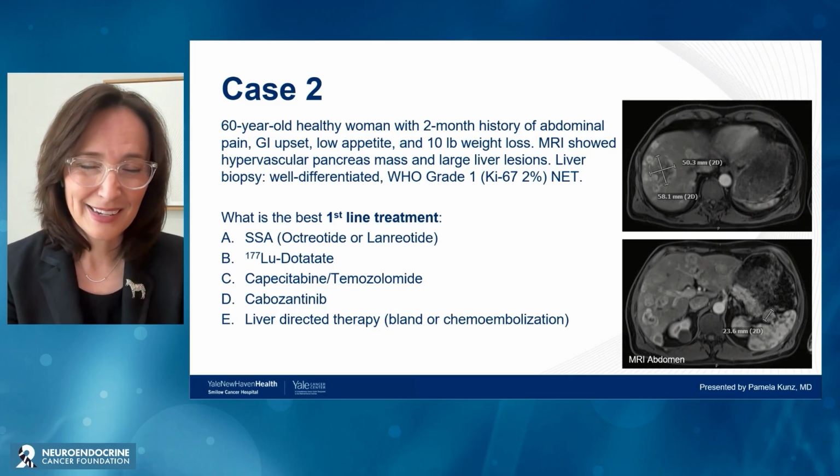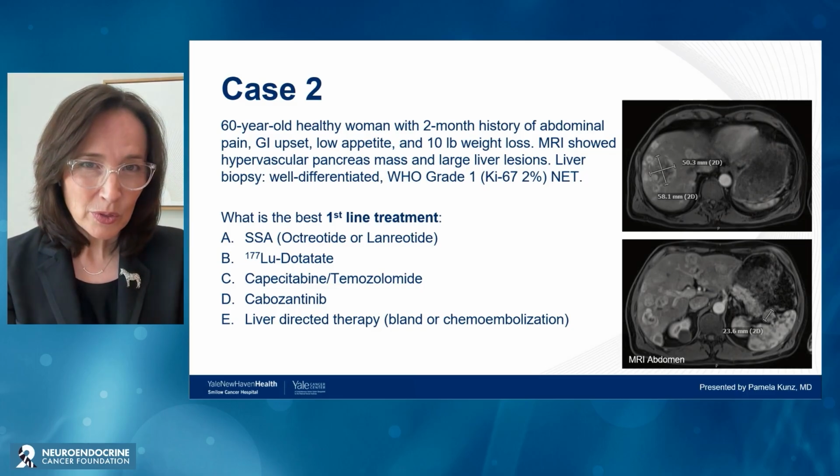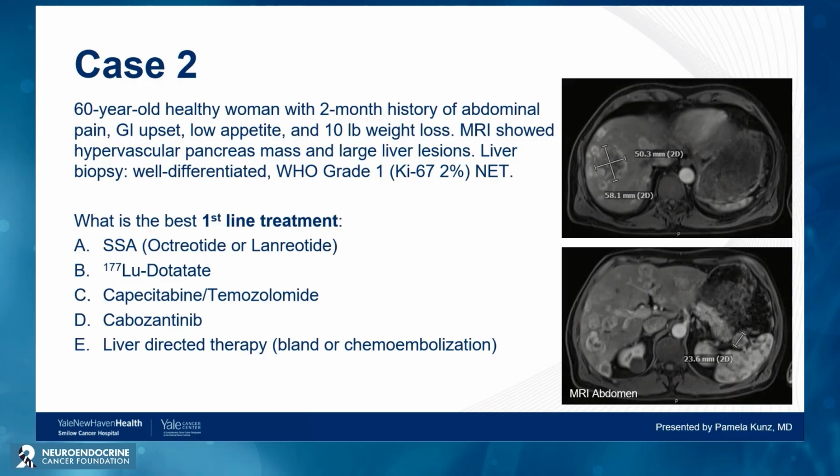Okay, one more case. This is a 60-year-old woman with a 2-month history of abdominal pain, GI upset, low appetite, and 10-pound weight loss. So note immediately that she is symptomatic compared to our last patient. The MRI showed a hypervascular pancreas mass and large liver lesions.